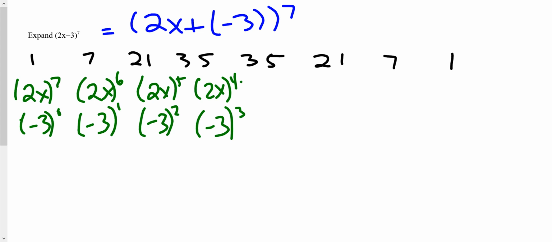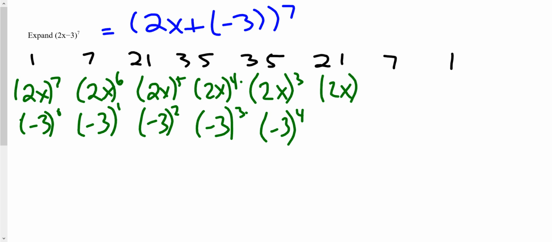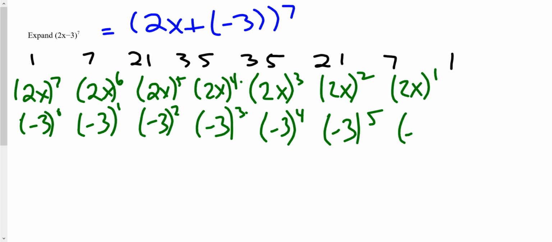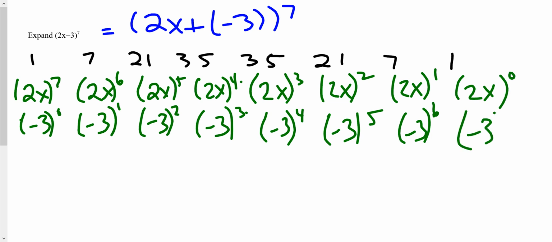Again, always checking that my exponents add up to 7. 2x to the 3rd, -3 to the 4th, 2x to the 2nd, -3 to the 5th, 2x to the 1st, -3 to the 6th, and finally 2x to the 0, and -3 to the 7th, or 7th if you are French.